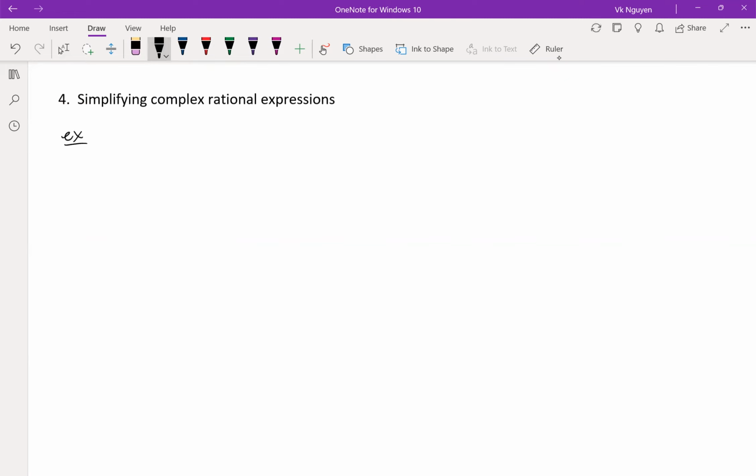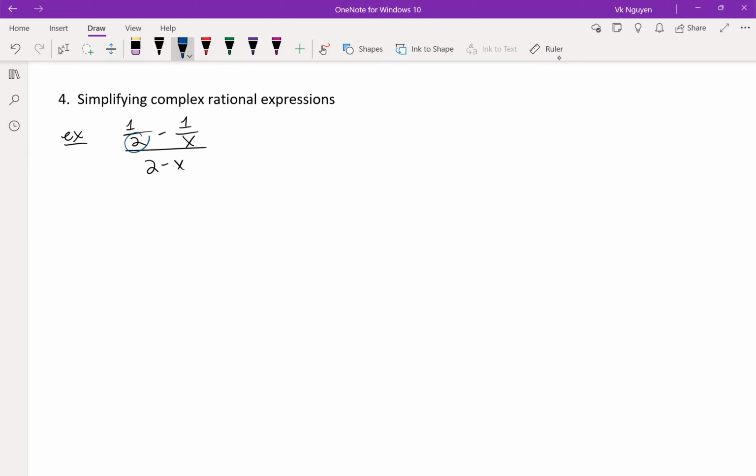Here comes an example. A complex rational expression tells us that we have a fraction inside a fraction. Like 1 over 2 minus 1 over x, over 2 minus x. Now to do this, we got to find the LCD.